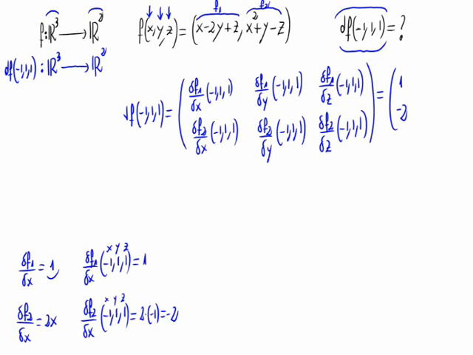Now, let's derive respect y. F sub 1 respect y would be the derivative of x is 0, the derivative of minus 2y is minus 2, and the derivative of z is 0.